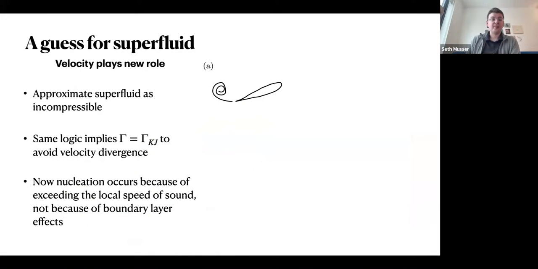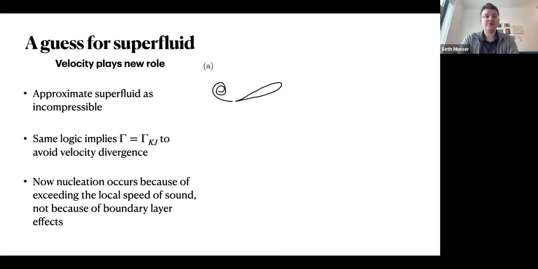Okay, so let's now register a hypothesis. We'll guess that this velocity criterion plays the role of governing what actually leads to emission of our starting vortex.